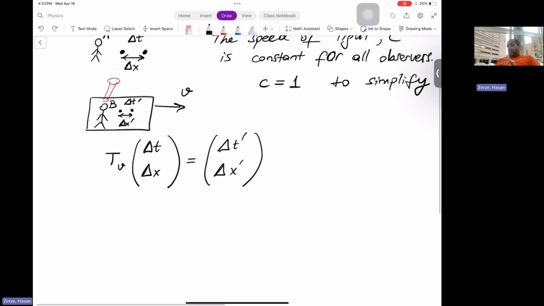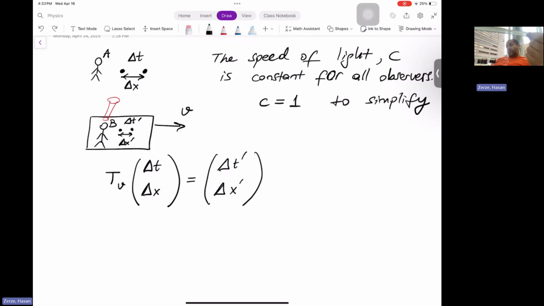And we're going to see that this is the Lorentz transformation matrix, and we will find it in terms of the value of V. So that's our purpose. Let's see what kind of matrix will do the job when transforming the time and the length from delta t, delta x to delta t prime, delta x prime.